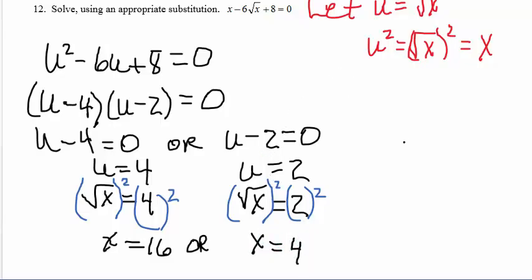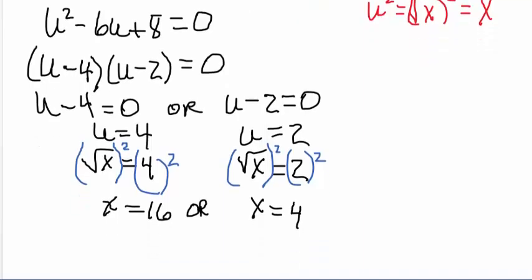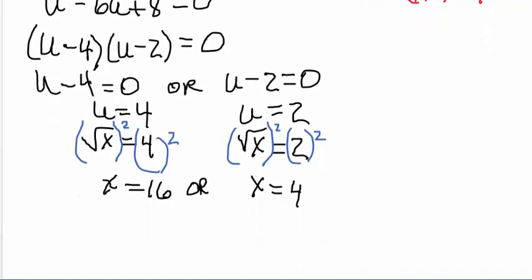If I went back to this original equation and check, 16 minus 6 times the square root of 16 plus 8 equals 0.